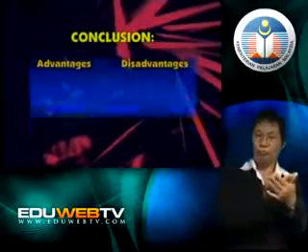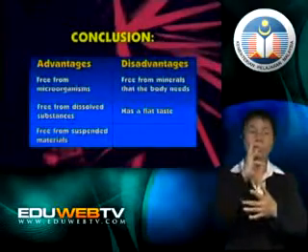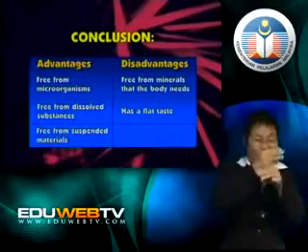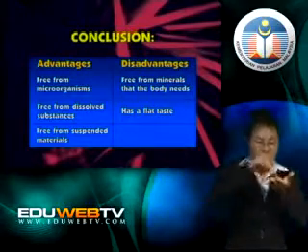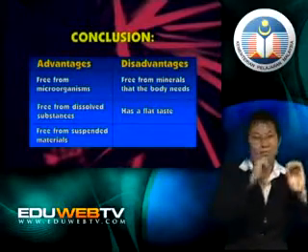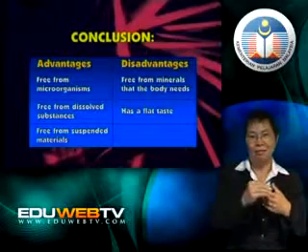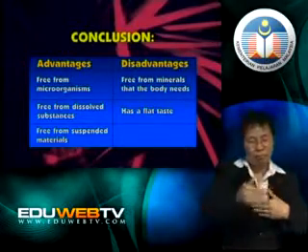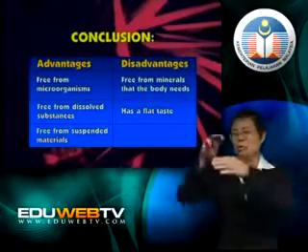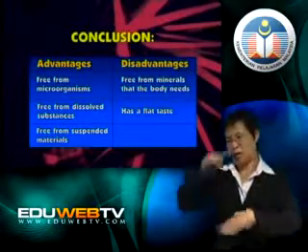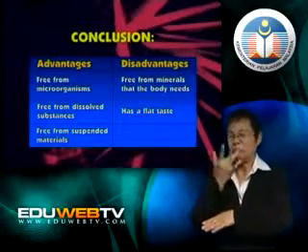Advantages: distilled water is free from microorganisms. Distilled water is also free from dissolved substances, and distilled water is free from suspended materials. Disadvantages: distilled water is free from minerals that the body needs, and so distilled water has a flat taste.